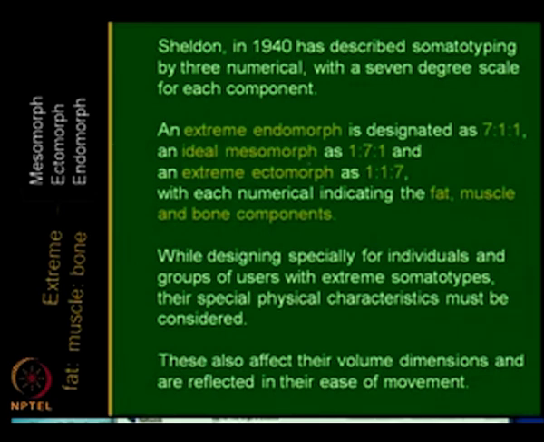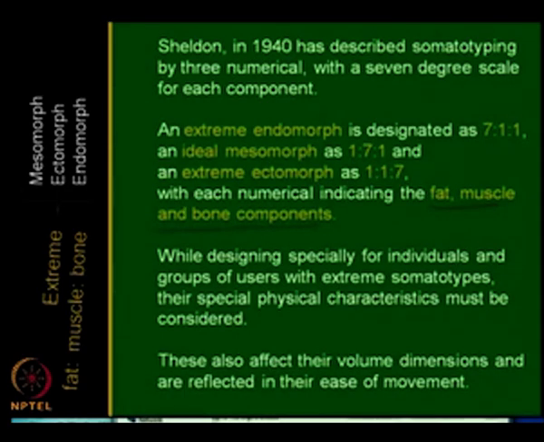An ideal mesomorph is rated 1 fat, 7 muscle and 1 bone, and an extreme ectomorph, lean thin body, as 117, meaning a rating of 1 for fat, 1 for muscle, 7 for bone, with each numerical indicating the fat, muscle and bone components.